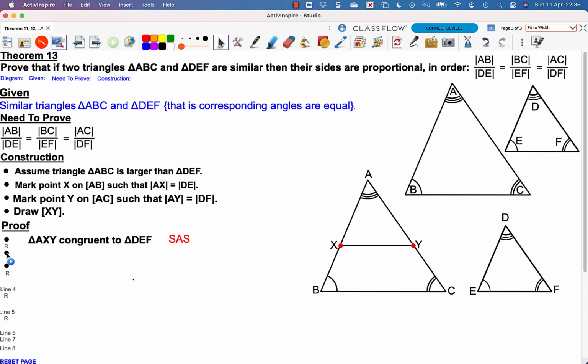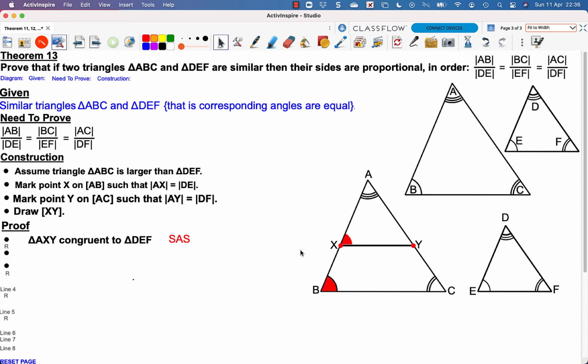What else do we need to look at now? Well, we need to look at these two angles here. And what can we say about these two angles? Well, we're going to say they're equal. I mean, they look the same, but we do need to actually argue it.